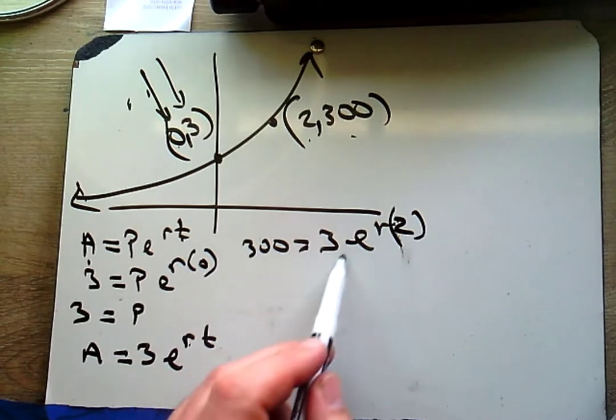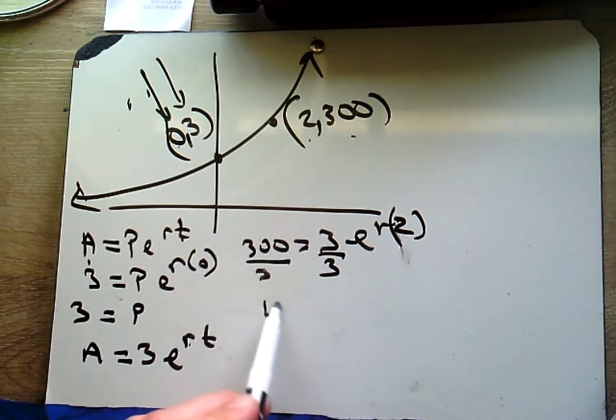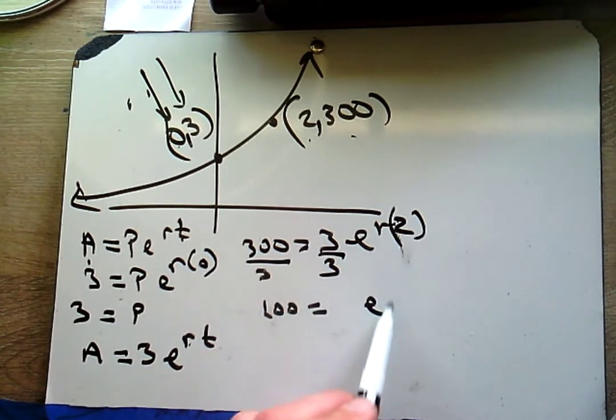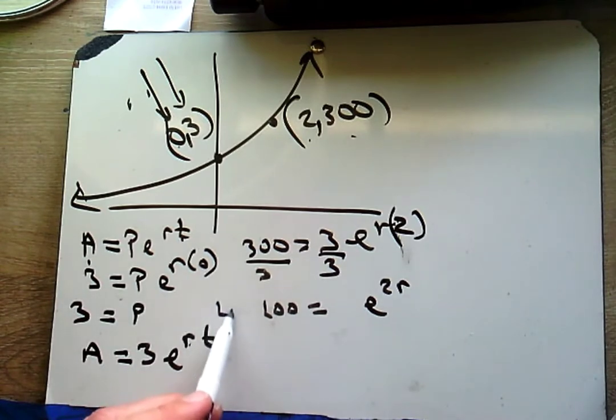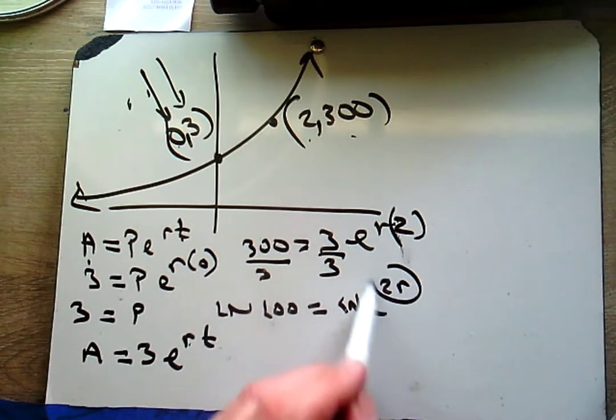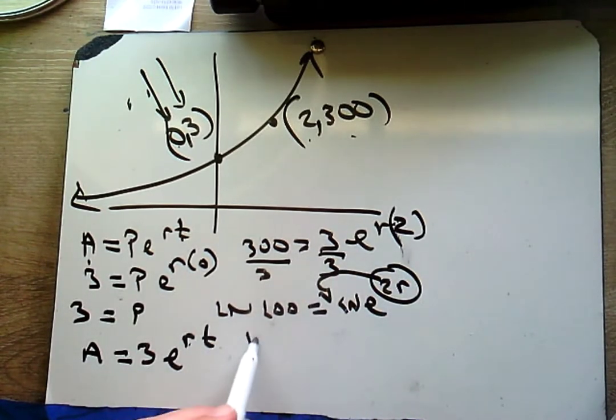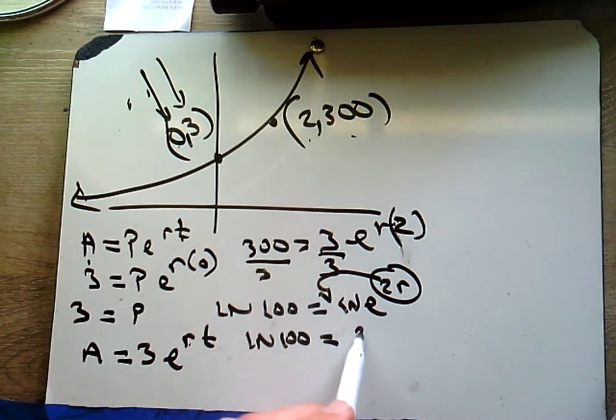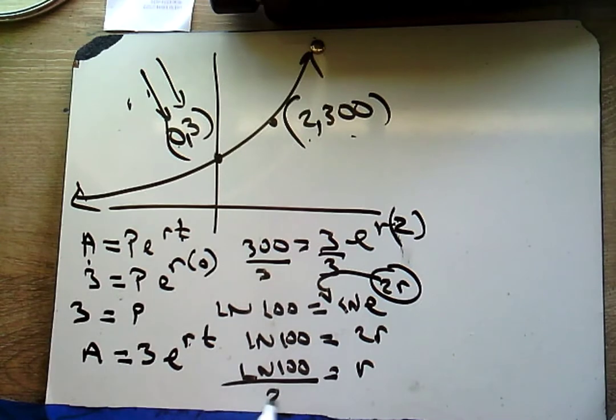If I divide both sides by 3, I have 100 equals e to the 2r. If I then take the ln of both sides, I can bring that down. So ln of 100 is 2r, where r is ln of 100 divided by 2. It's not ln of 50, it's ln of 100 divided by 2.